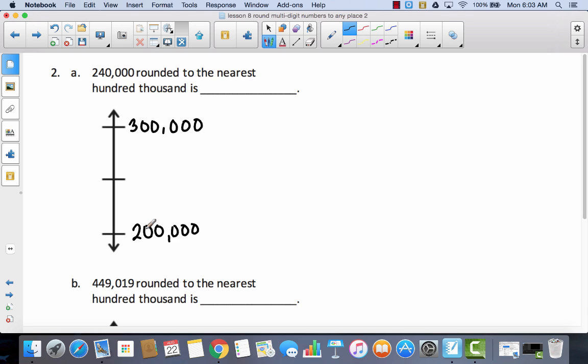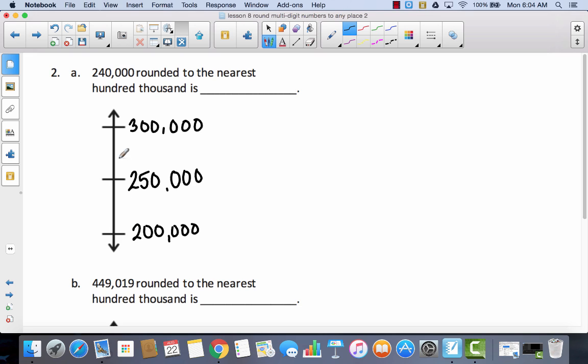So what would be halfway between 200 and 300? Well, that would be 250, right? So if halfway between 200 and 300 is 250, then halfway between 200,000 and 300,000 is 250,000.